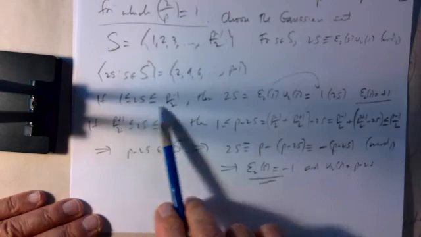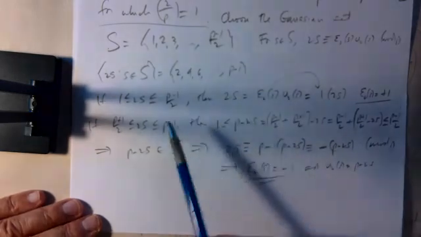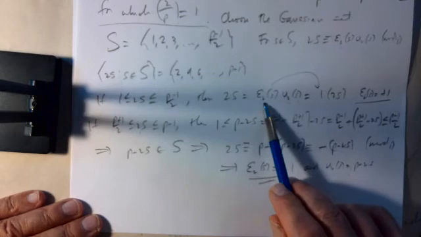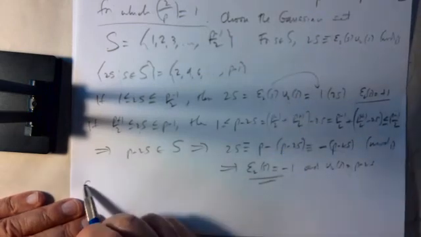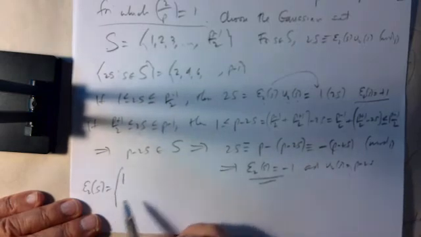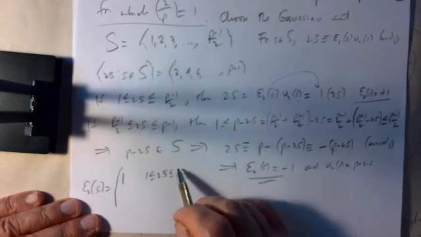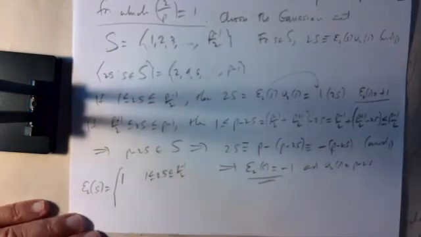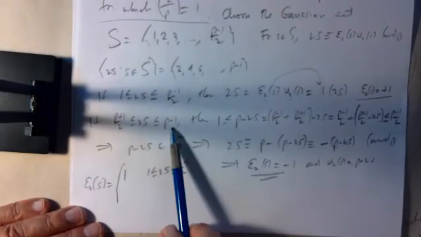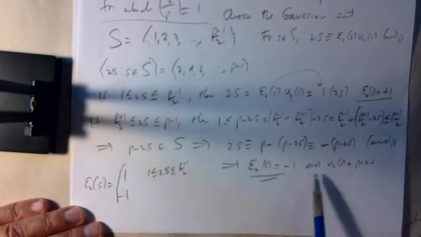If 2s is between 1 and (p minus 1)/2, 2s is already a number in the set S, so this is just 1 times 2s. Epsilon sub 2 of s is equal to 1 if 2s is between 1 and (p minus 1)/2. But if 2s is between (p plus 1)/2 and p minus 1, epsilon sub 2 of s is minus 1.